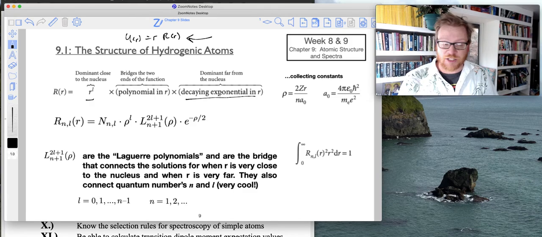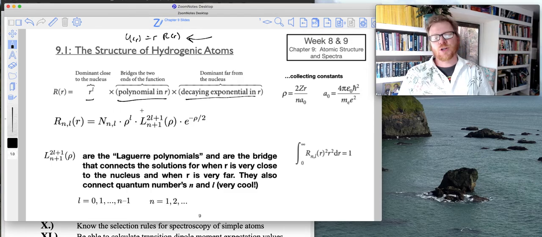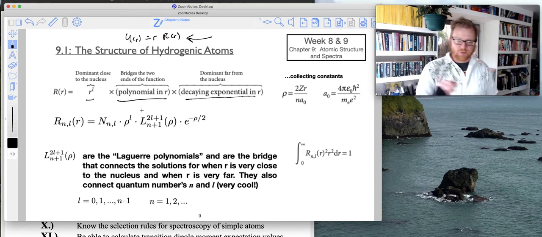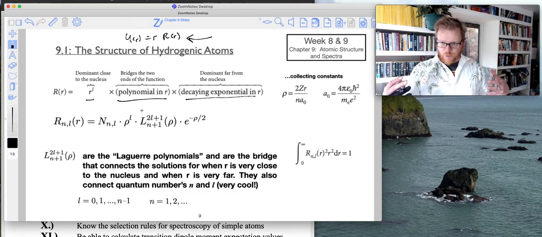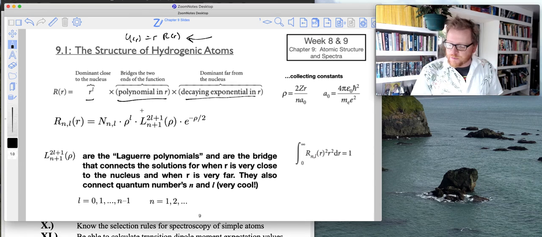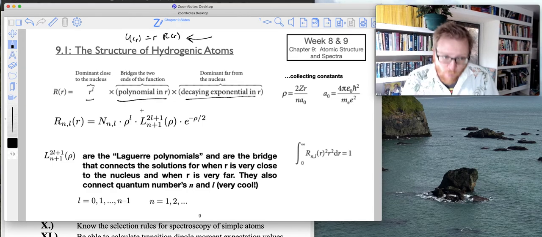So that was the solution I just showed you. And then now we get this polynomial in r. That was our solution for when there's no angular momentum. And that bridges this in-between region where there is angular momentum and potential energy that both affect the electron's position. Okay? And so some very smart folks have solved this problem and normalized it.